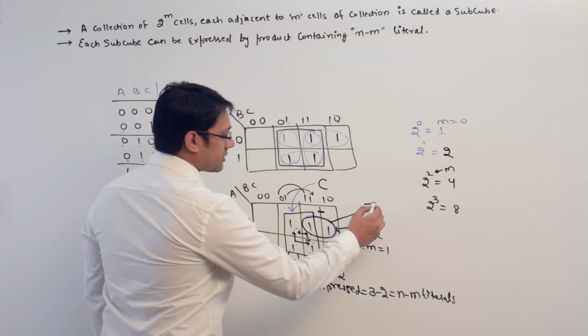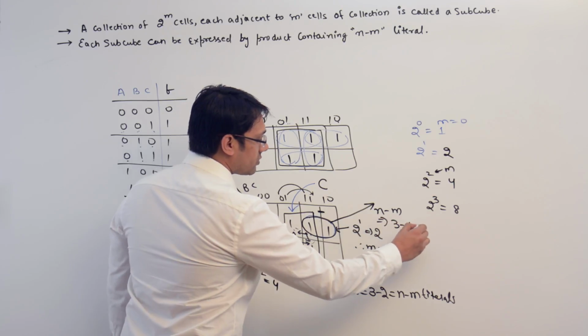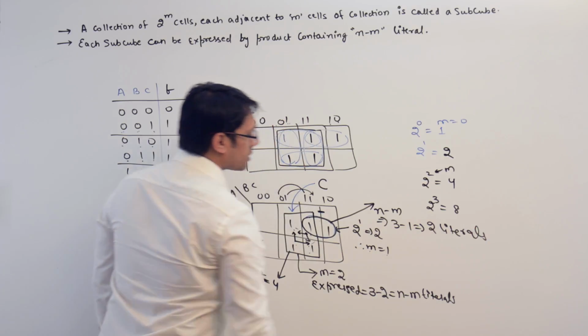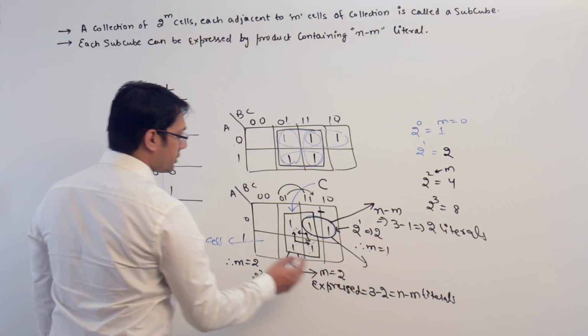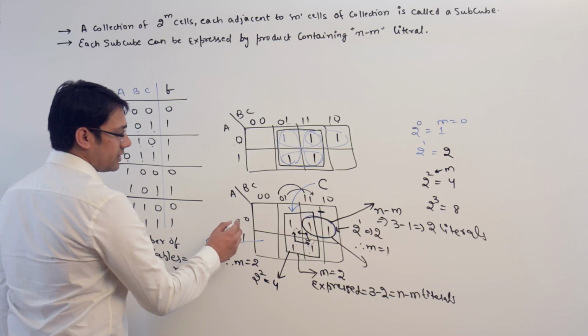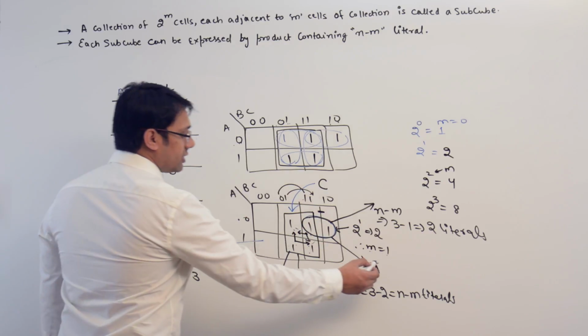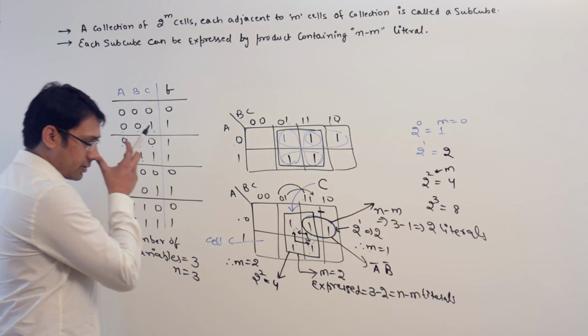So this can be expressed by n minus m, or you can say 3 minus 1, which is equal to 2 literals. So what are those literals? A is not changing, so A complement will be there, as well as B is not changing. Therefore B complement will be there. But C is changing.